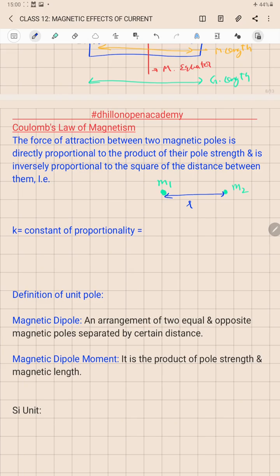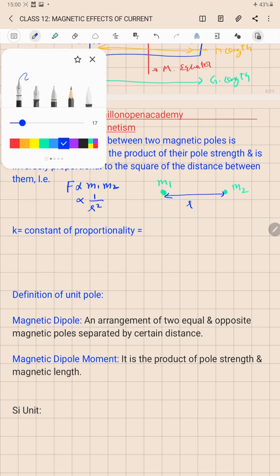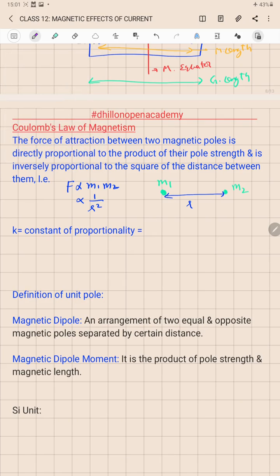That is, F is proportional to m1 m2 and inversely proportional to r squared. So if we combine them, F is equal to the constant of proportionality K into m1 m2 divided by r squared.